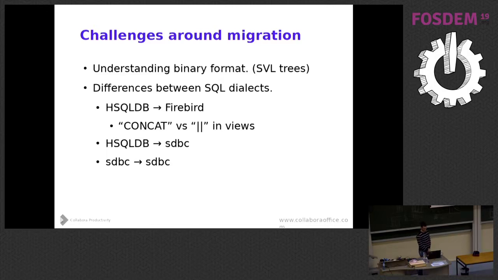And also another need is that it would be good if this tool would be able not only to migrate HSQLDB to Firebird, but to migrate HSQLDB to everything. That means the SDBC API, or to move a step further, it should be possible to move something to something. Of course, it has a complexity.